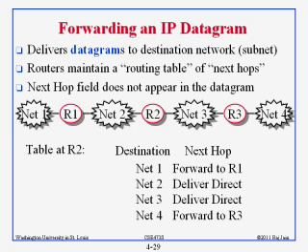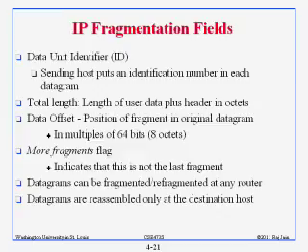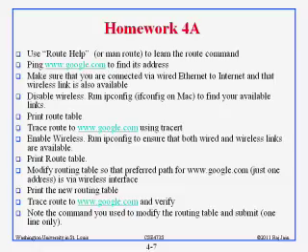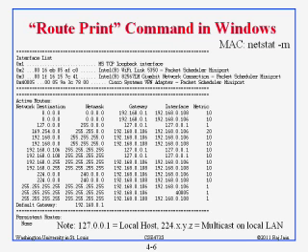To tell you the fact, the table doesn't say forward and deliver. The table is already shown before, the routing table. It doesn't say what to do, forward or deliver. All it says is the next hop and the interface.